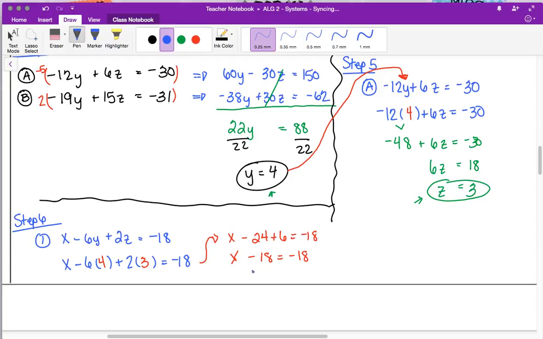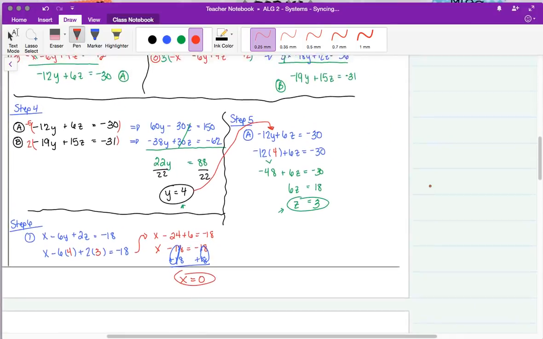If I add 18 to both sides, you notice that these cancel and these cancel. They both make a 0. Instead of saying cancel, I'm going to say it's a 0. So we end up with x is equal to 0. And so now I have found my 3 solutions, my x, my y, and my z.